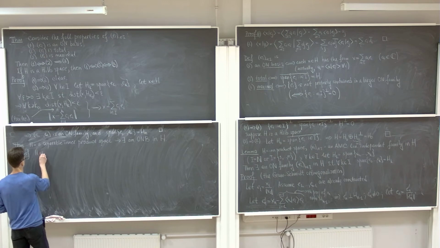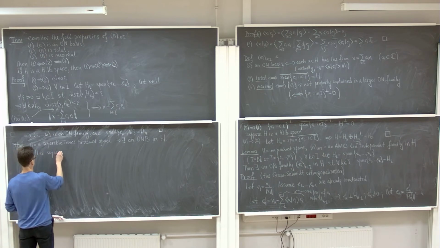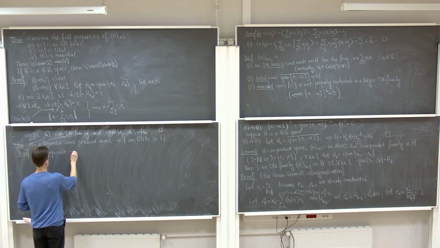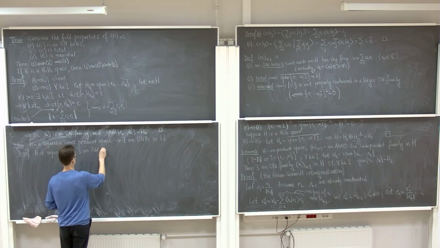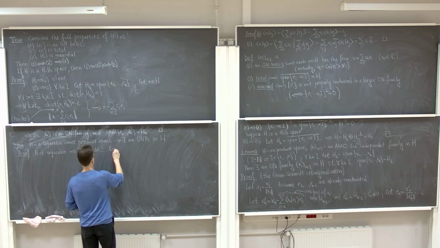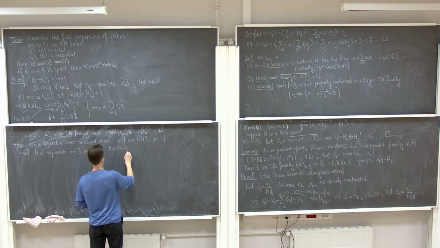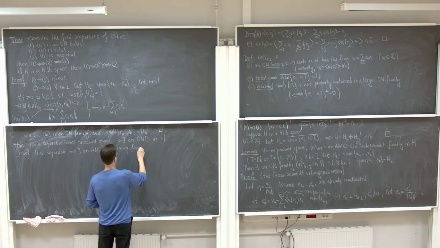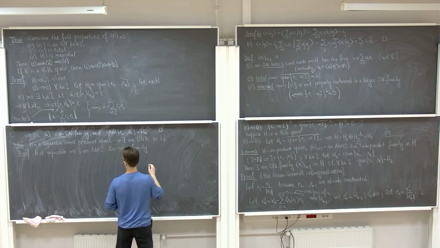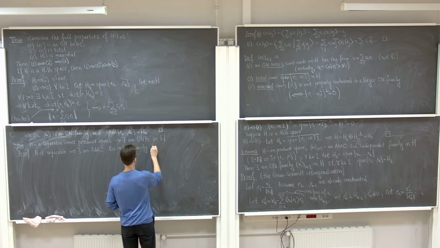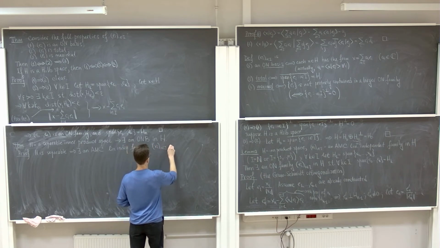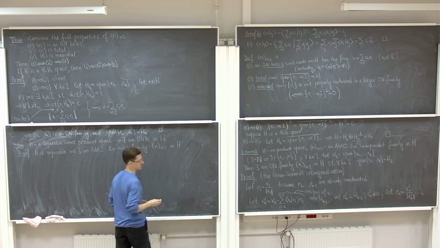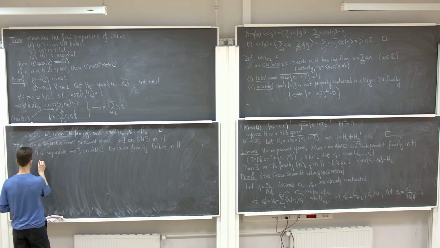This implies that there exists an at most countable linearly independent family Xi in H, which is total, that is such that the closure of the linear span of this family equals H.